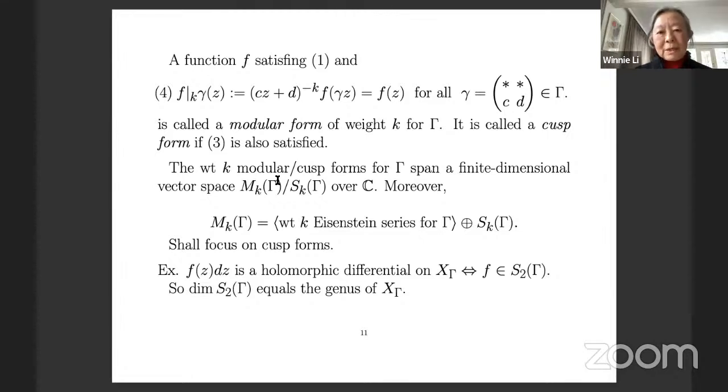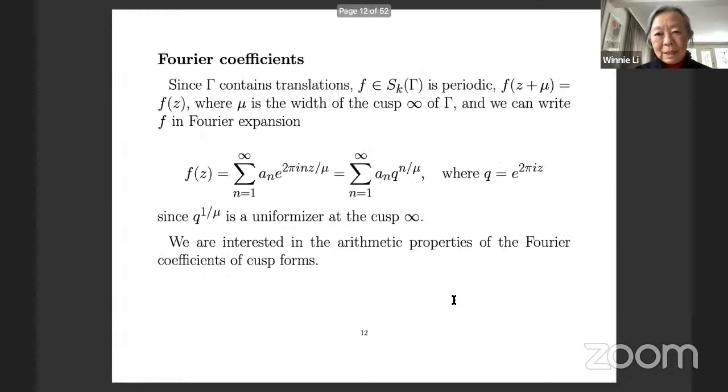In other words, a modular form or cusp form is invariant under some translation, because the group gamma has finite index inside SL2(Z). So that means that as a function on the upper half plane, it is periodic. Let's take the smallest period. The smallest period is actually the width of the cusp at infinity.